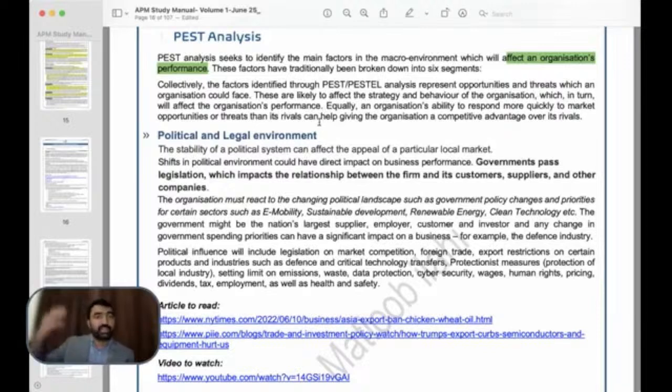Yes, when there is a shift in the political landscape or economic or social or technological or ecological or legal, there would be either opportunities or threats for the organization. A very classic case, I can share it with you, you might have heard in the news, that is TikTok. You might have heard that in the US, TikTok has been under discussion, and there is a threat that TikTok could be banned in the US.